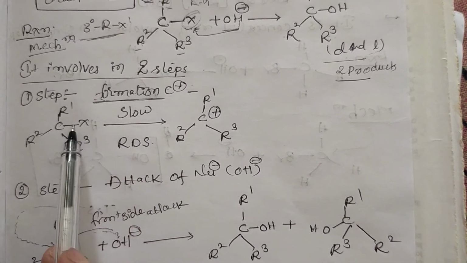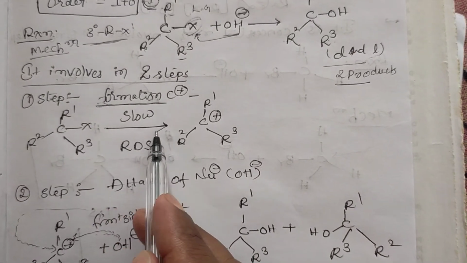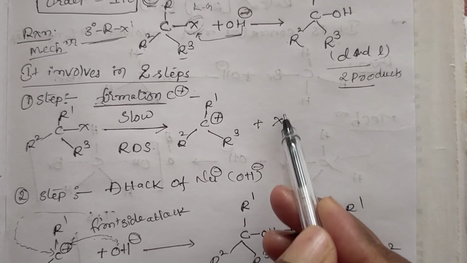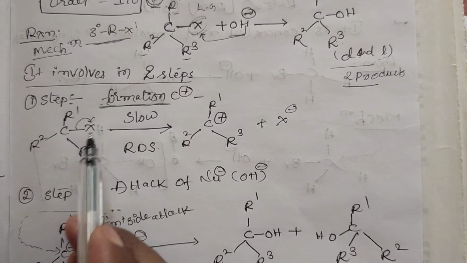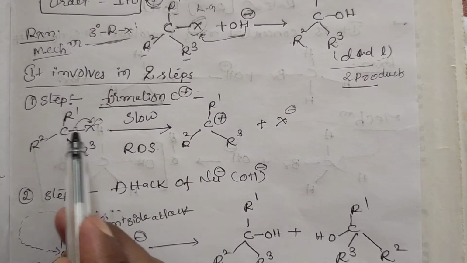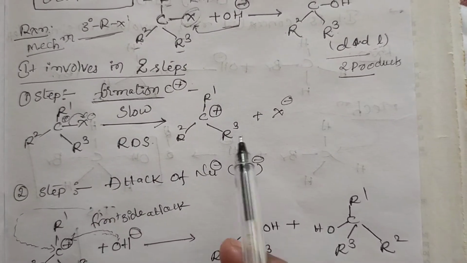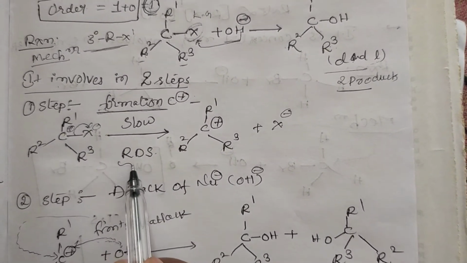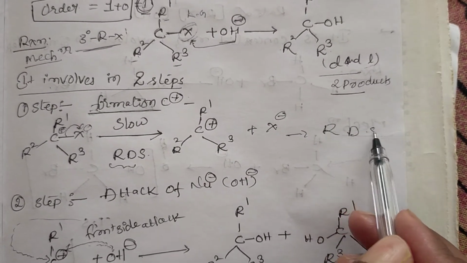This ionization occurs at a slow rate. So this bond is going to break, and you will get X minus and carbon positive. Since this reaction occurs at a slow rate, it is called the rate determining step.